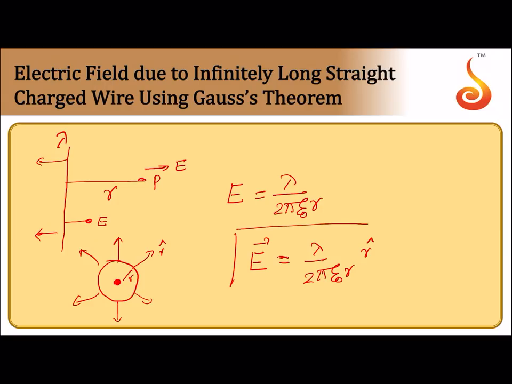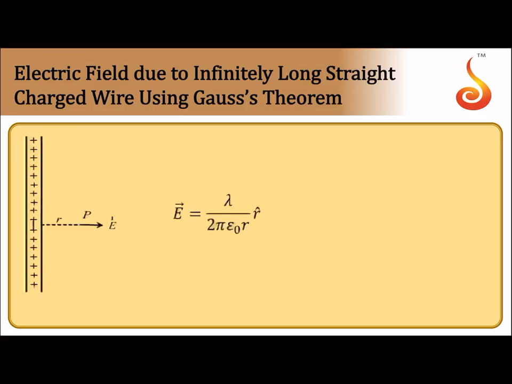So many a times we represent the electric field in the vector form like this, the magnitude being given by E is equal to lambda by 2 pi epsilon naught r. Good. So here is the summary of that result. E is equal to lambda by 2 pi epsilon naught r is the electric field due to an infinitely long straight charged wire. And of course we have used Gauss law.